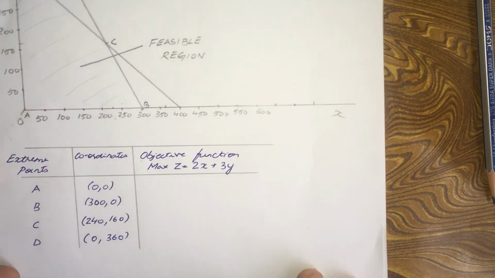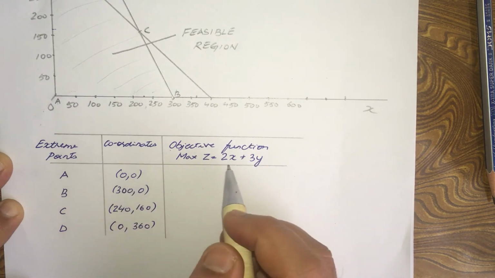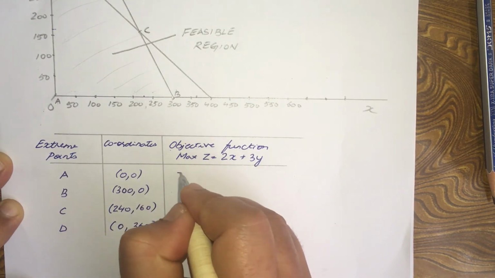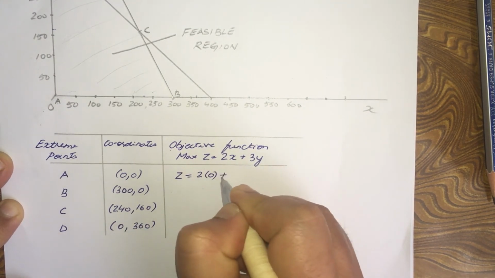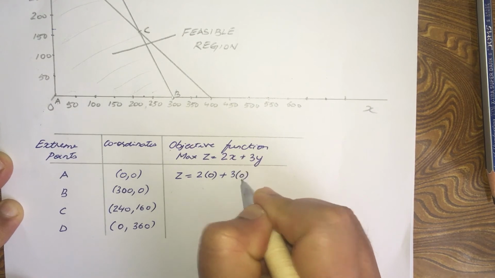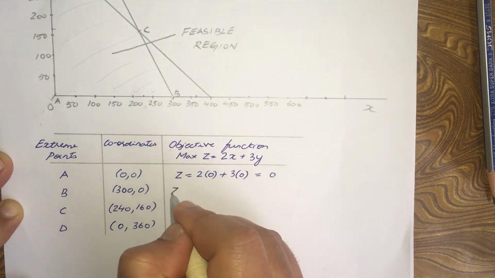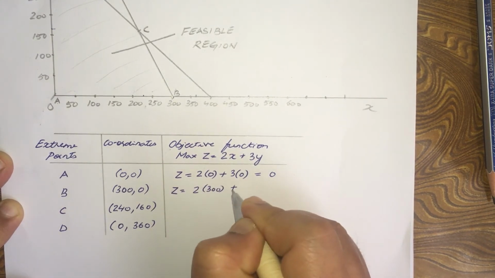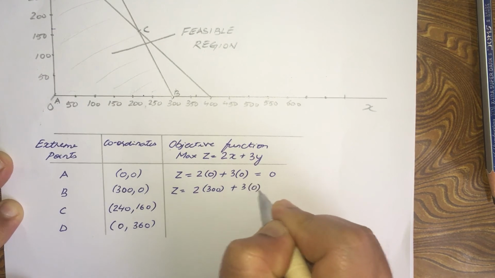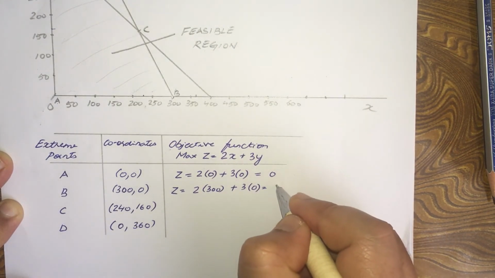This is your objective function. Now all you have to do is substitute these coordinates into the objective function. So Z is equal to 2 times 0 plus 3 times 0, which is 0, right? Now here Z is 2 into 300 plus 3 into 0, so 2 times 3 is 6, 600 plus 0 is 600.